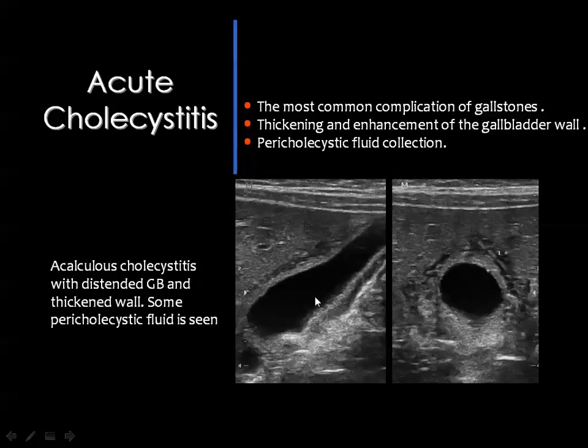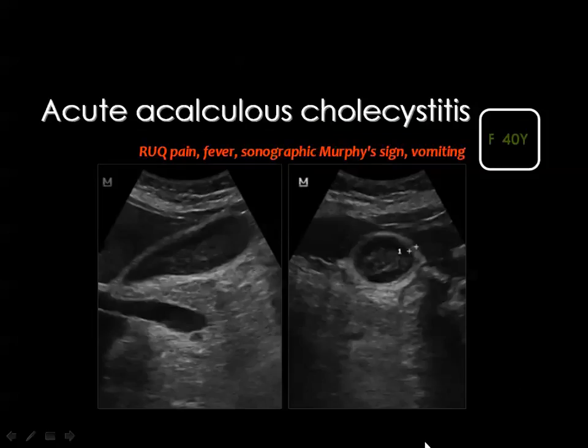Then this is a case of acalculous cholecystitis, without stones, with thickness of the gallbladder wall and pericholecystic edema. Then this is the appearance of mud inside the gallbladder, where you can see the very thick fluid, which is mobile also but slow, and it has an echogenicity different from the normal fluid seen inside the gallbladder.